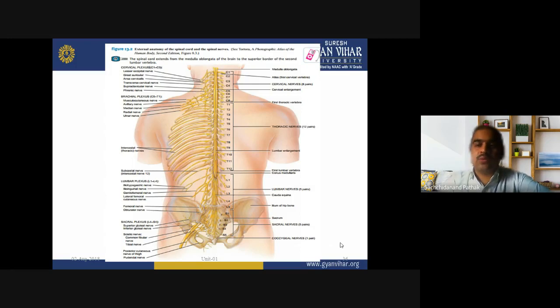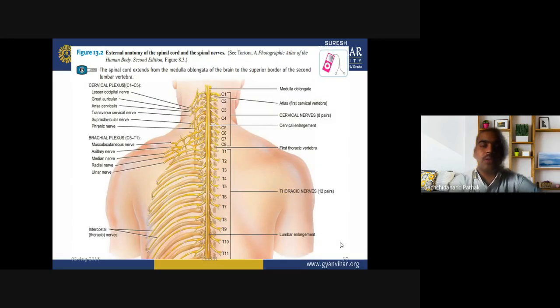Then you will see the thoracic nerves, 12 pairs. And then below you can see the lumbar nerves, 5 pairs, then the sacral nerves, also 5 pairs, and the coccygeal nerve, 1 pair. These are the nerves that emerge from the spinal cord. It's a very clear image.